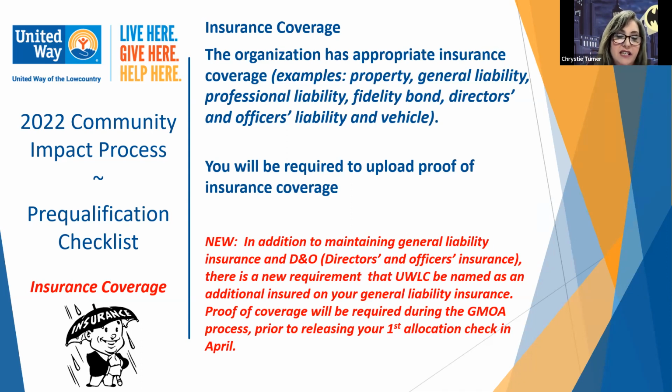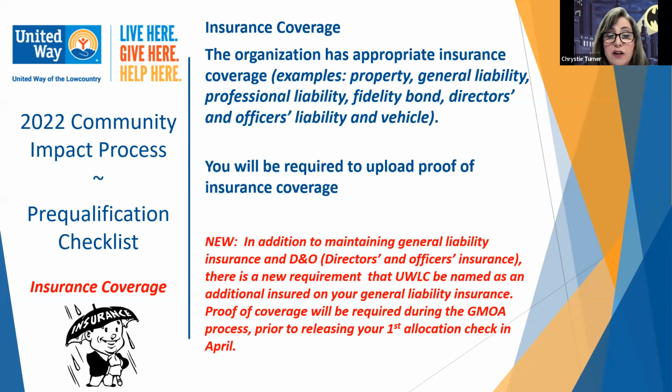One of the things they said we were lacking is that in addition to maintaining general liability insurance and D&O insurance on behalf of the agencies, there needs to be a new requirement that United Way be named as an additional insured on your general liability insurance, and proof of coverage will be required during the GMOA process prior to releasing your first allocation check in April.